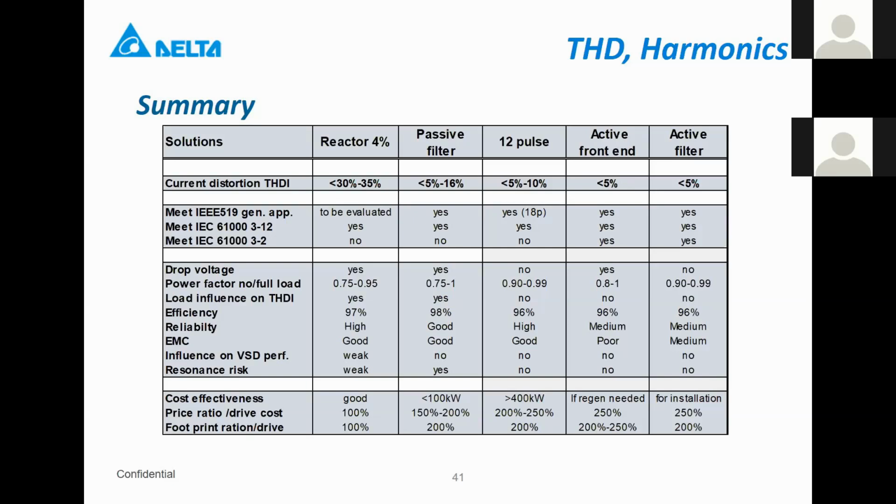The second one will be the passive filter. A passive filter has roughly the same price as a frequency inverter, normally in that range. You can go down with the THCI to lower than 5% in some cases, and most of it is lower than 16%. It is cost effective below 100 kilowatts.